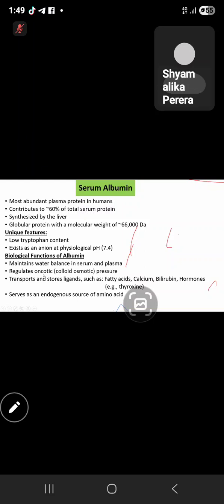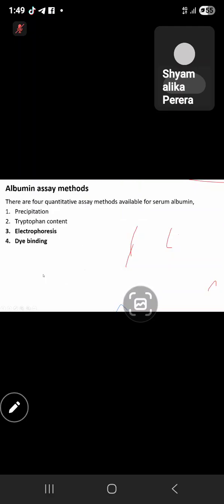So albumin is a good transporter for many other substances. It also serves as an endogenous source of amino acids, so in your body albumin can be used as an amino acid resource. In albumin assay methods, precipitation techniques, tryptophan content techniques, electrophoresis and dye binding are the most popular ones.